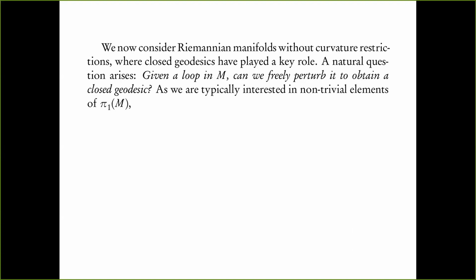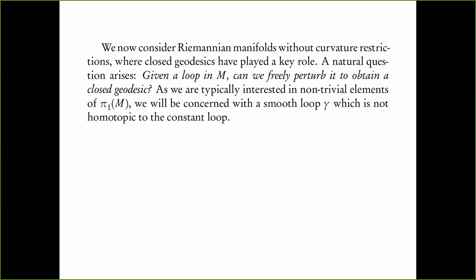We'll be concerned with a smooth loop gamma which is not homotopic to a constant loop. Because if it were homotopic to a constant loop, you could choose the constant loop as the geodesic, and gamma can be perturbed to the constant geodesic. That's the easiest case, which we rule out straight away.